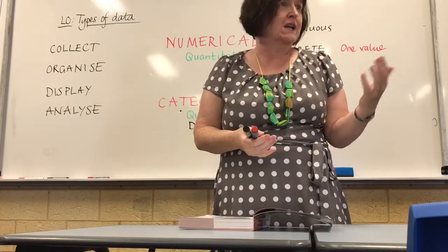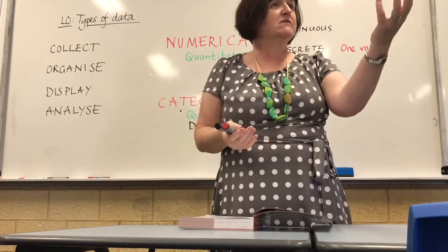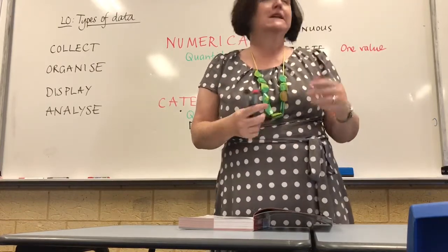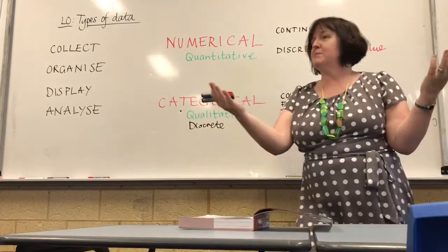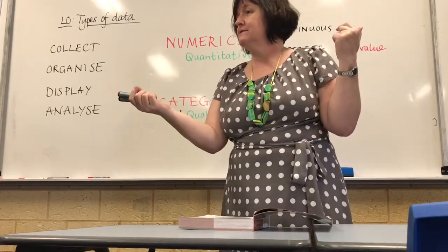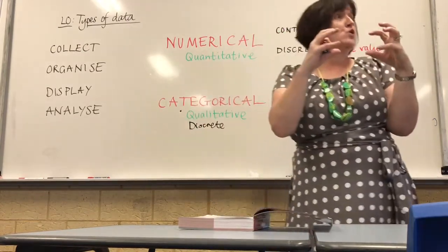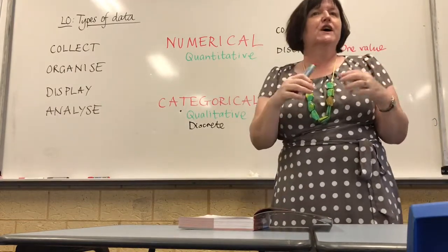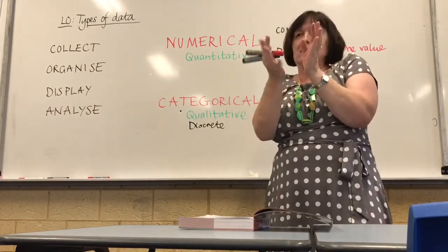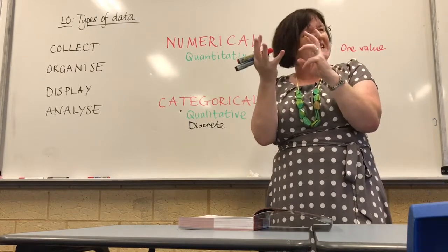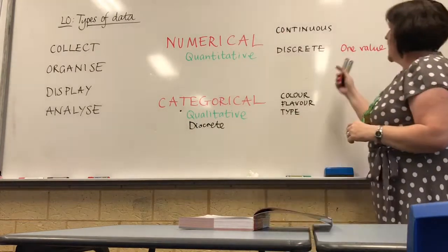I live at number 3. Matt lives at number 8 over the road. What number do you live at, Holly? 20. So they're all whole numbers, okay? You don't live in between 20 and 21, do you? It might have a letter with it, but, you know.